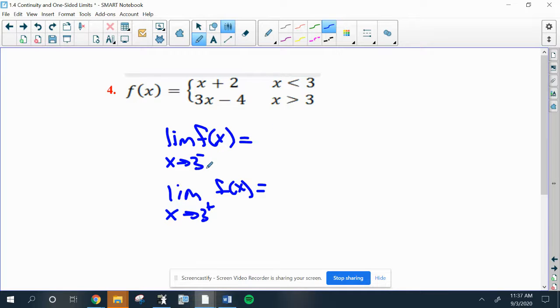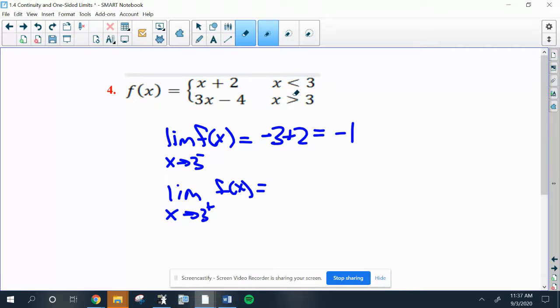So when you approach 3 from the left, you're going to get negative 3 plus 2, which is negative 1. When you approach 3 from the right, you're going to get, oops, I messed up. I'm sorry. Glad you caught that. Thank you.